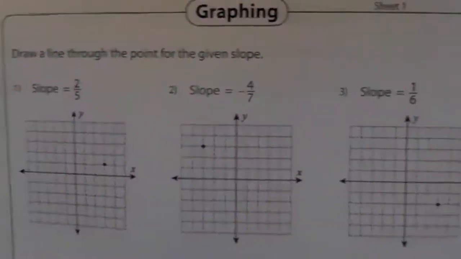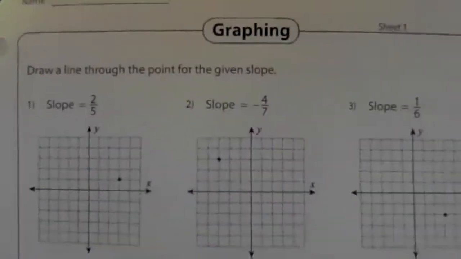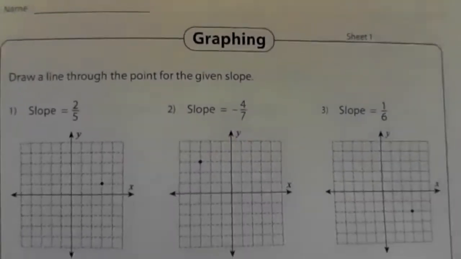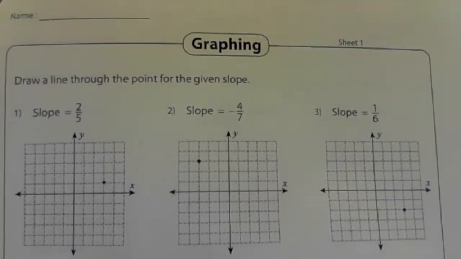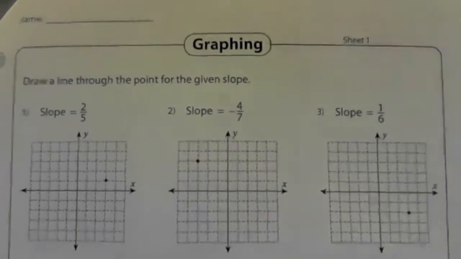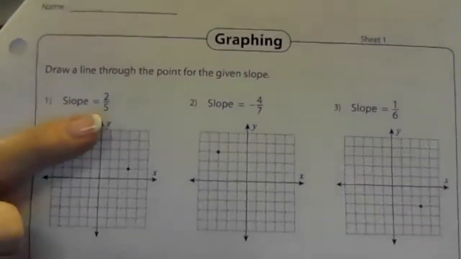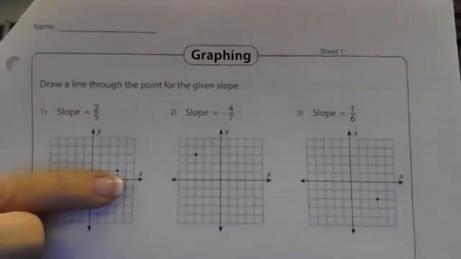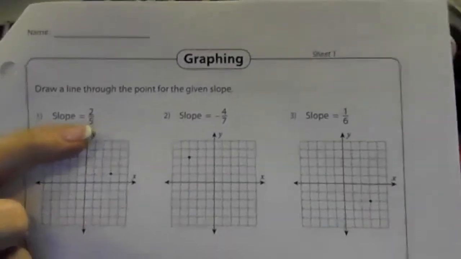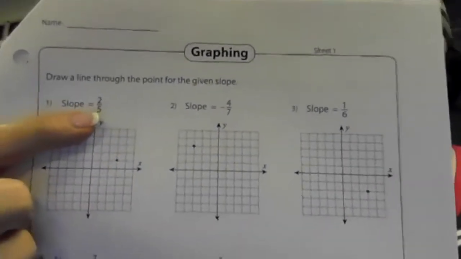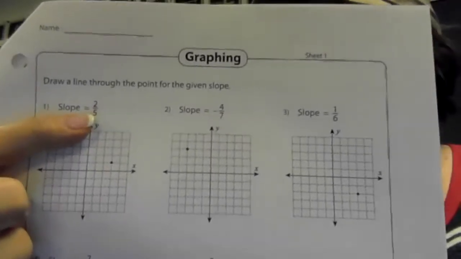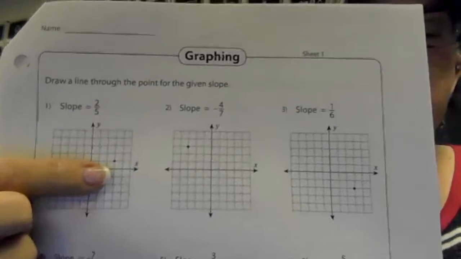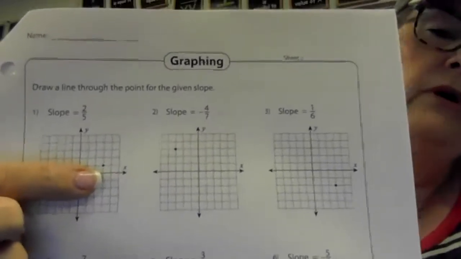What they're doing here, look at number 1. They're giving us a point on a graph. And it says draw a line through that point with this given slope, 2/5. So what they're actually giving us is my house, and we're going to use the slope as a GPS and try to find my friend's house because I've never been there before. Okay? So let's do this number 1 and show you what we're going to be doing here.